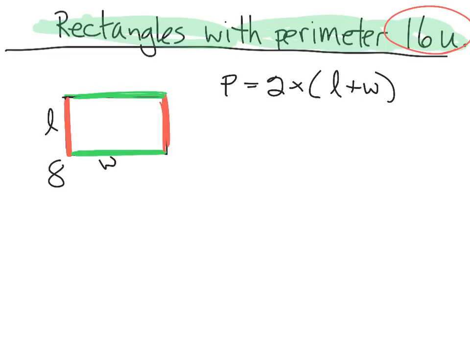So these two guys add together to equal 8, and that means these two guys add together to equal 8, and that's how we're going to get 16.